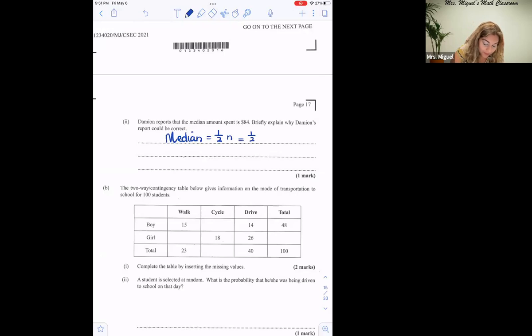So half of 100, the median is the 50th value. So the 50th value will lie... So write down that. Let's go and investigate and see where this 50th value is going to lie.